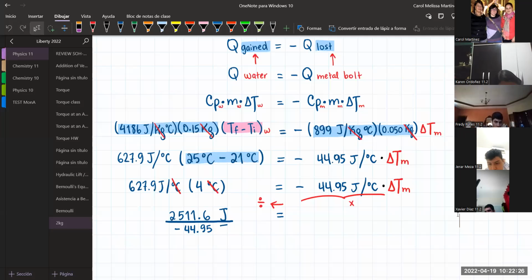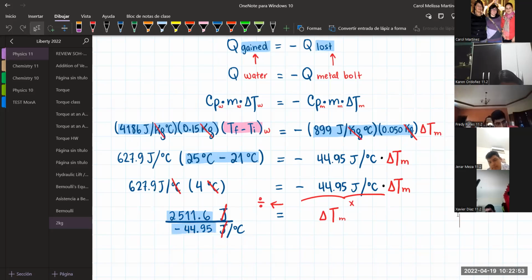These are joules over Celsius. So in here, joules and joules are going to be canceled out. And on the other side, I'm going to have my delta T of my metal bolt alone. How much is this division?